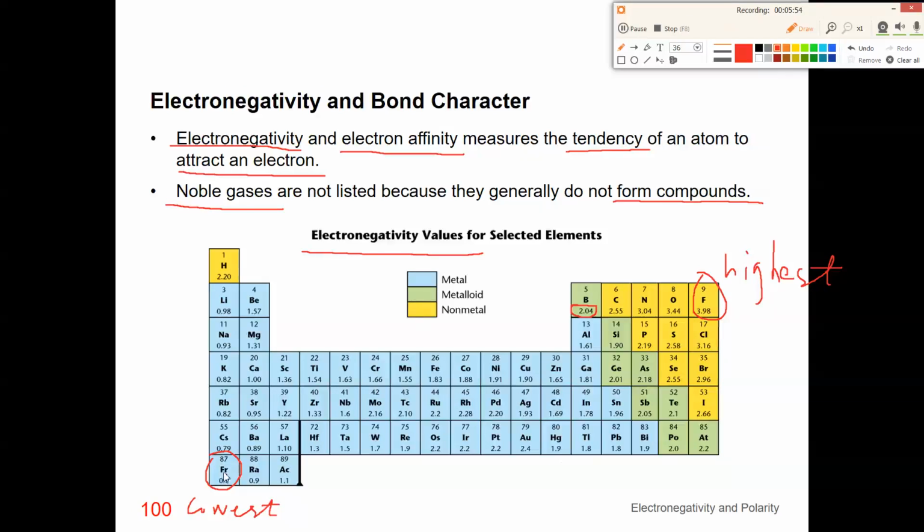So what do those electronegativity values mean? This means fluorine has the highest ability to attract electrons, and Fr has the lowest ability to attract electrons. Basically, Fr has the highest possibility to lose electrons to any other element. Right, so this is about electronegativity.